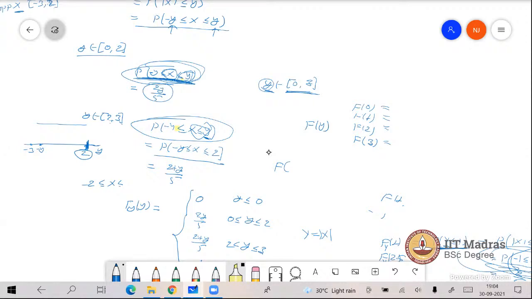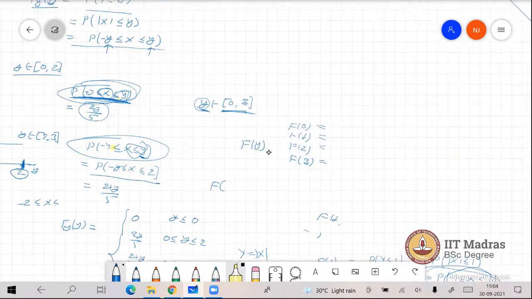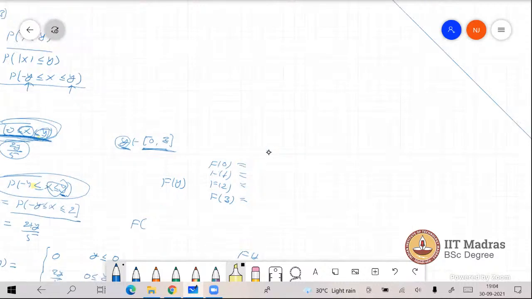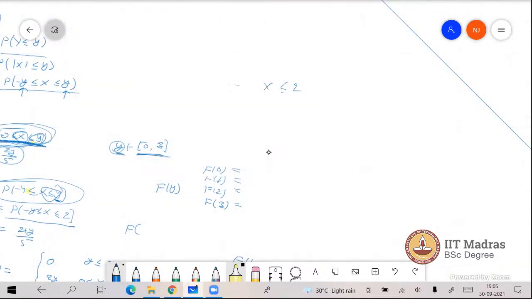But no. What will happen in this case if you restrict the upper limit to 2? Let's say y has taken 1. Then you have added more probability, because let's say this is your x from -3 to 2. If I'm finding out the probability at 1, then it will go from -1 to 1, right?